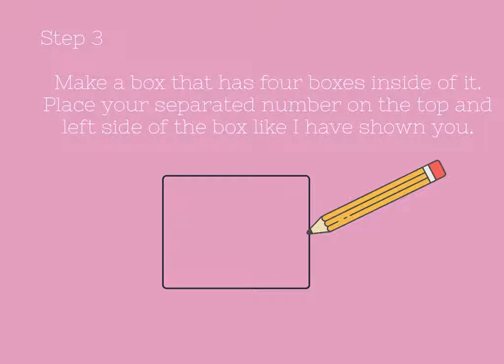Next, we will make a box that has 4 boxes inside of it. Then you will place your separate numbers on the top and left side of the box like I have shown you below. First, we will make our box. Then we will put 50 up here for 54, and then the 4 over here.